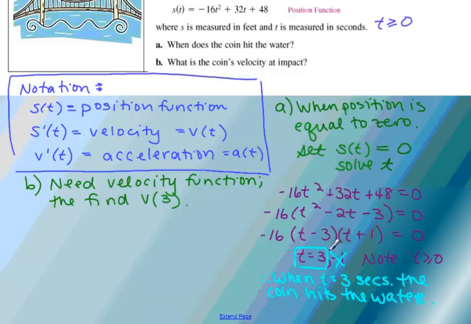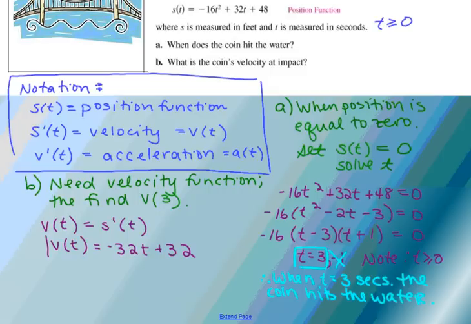So let's do that. To get the velocity function, we need to take the derivative of position. So the derivative of our position function is going to be negative 32t plus 32.